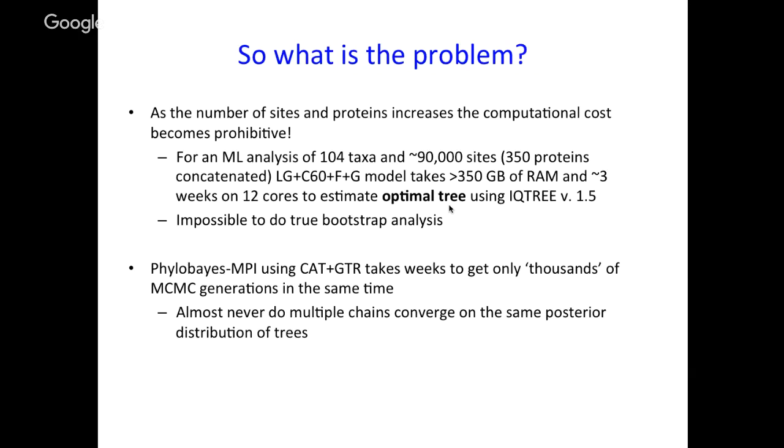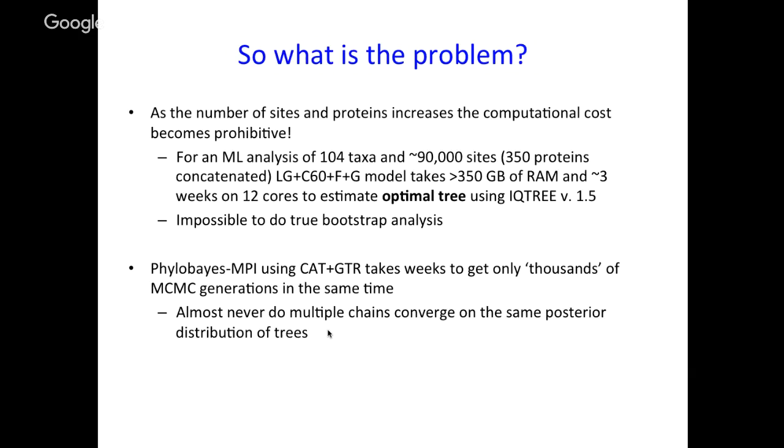Similarly, if you use the Bayesian approach using the MPI implementation, the parallel processing implementation, it takes weeks to get thousands of MCMC generations, not nearly enough to get convergence. And even after running it for as long as you can, the problem is that in these settings we often never get the multiple MCMC chains to converge on the same posterior distribution of trees.